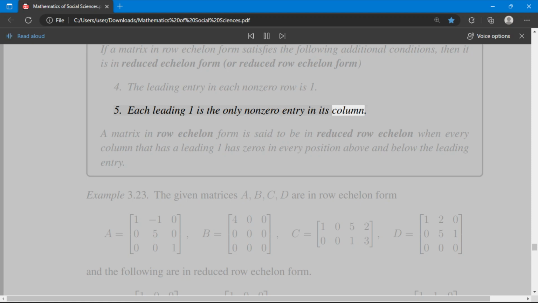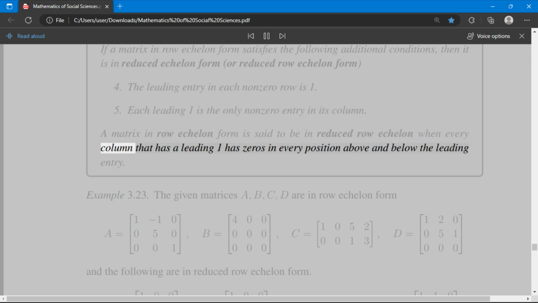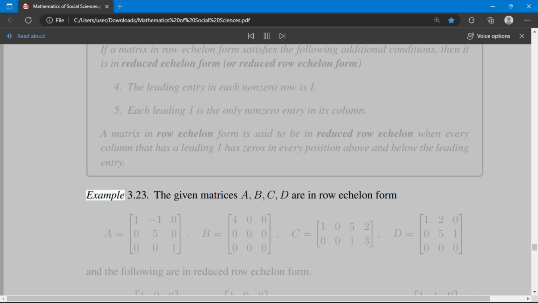Each leading one is the only non-zero entry in its column. A matrix in row echelon form is said to be in reduced row echelon form when every column that has a leading one has zeros in every position above and below the leading entry.